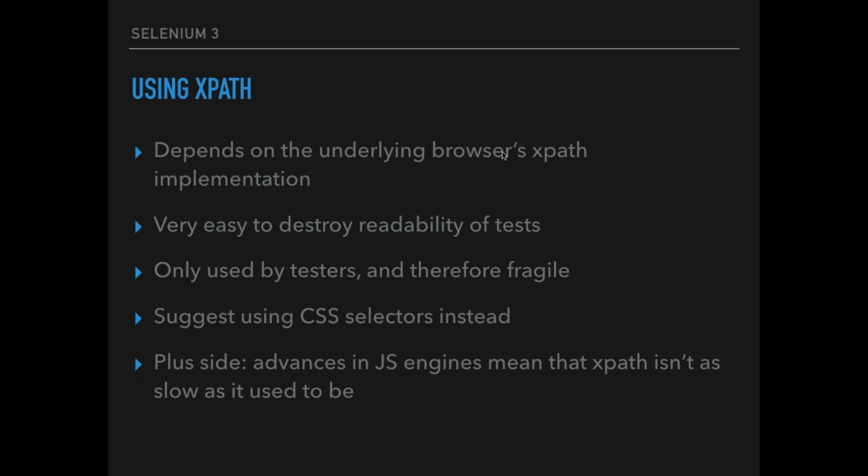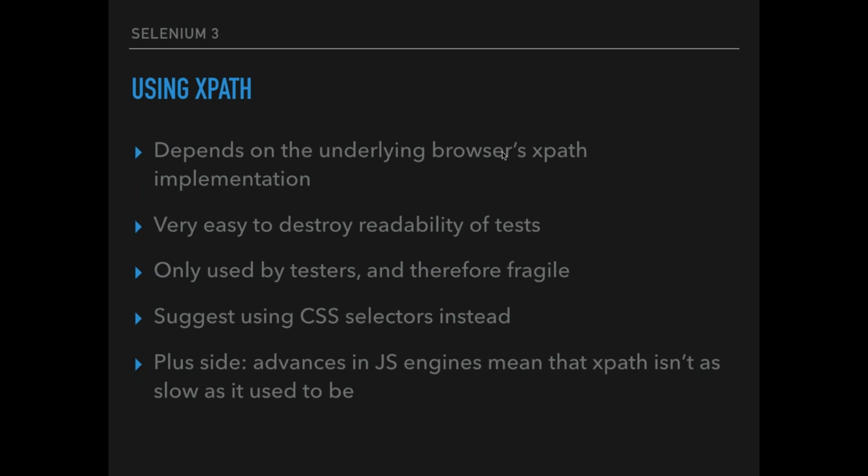On the plus side, advances in JavaScript engines and the fact that we can delegate down to native XPath implementations means that the prohibition against using XPath because of speed is probably no longer true. Obviously, you don't want those complex expressions because they're hard to read, but you should be able to use XPath if you really need to.